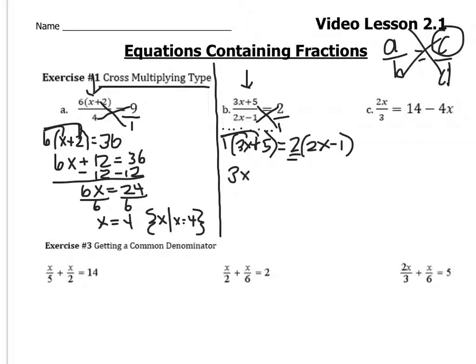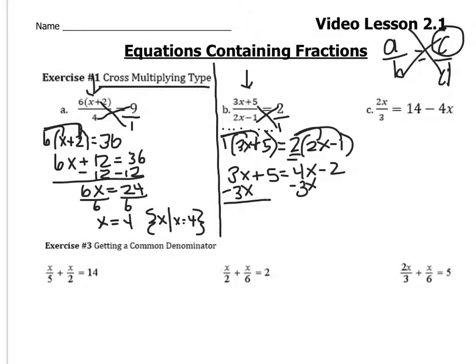On this side, we're left with 3x + 5. On this side, you're going to get 2 times 2x, which is 4x, and 2 times negative 1, which is negative 2. This one's a little different than letter A because now we have a variable on both sides. We have to get the variable to one side, so I'm going to subtract 3x from both sides.